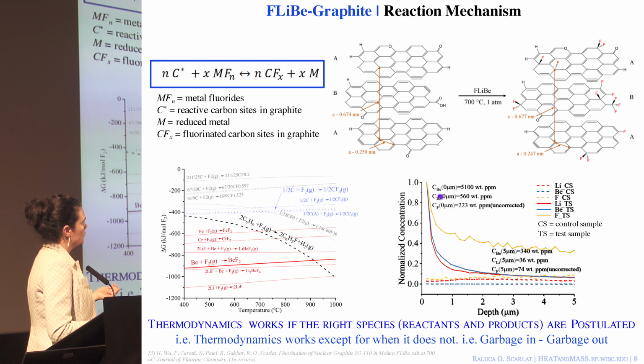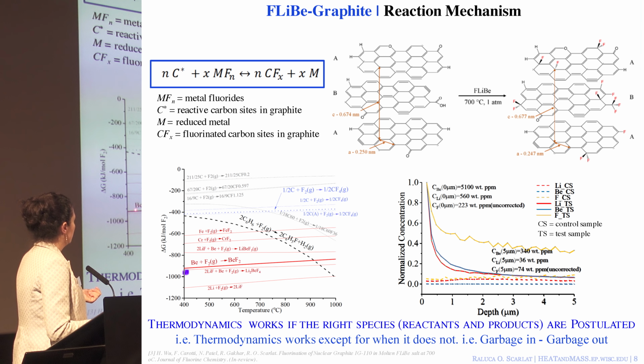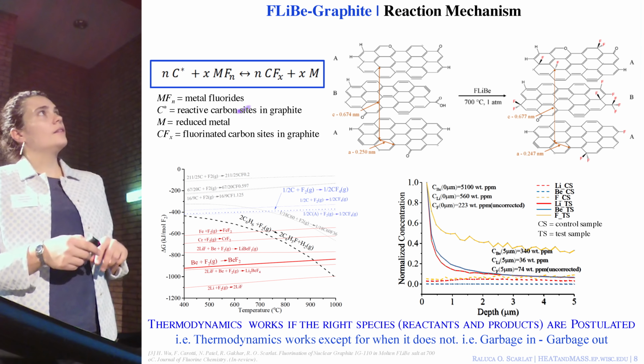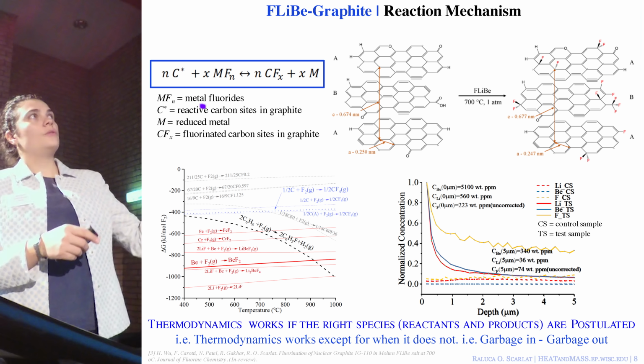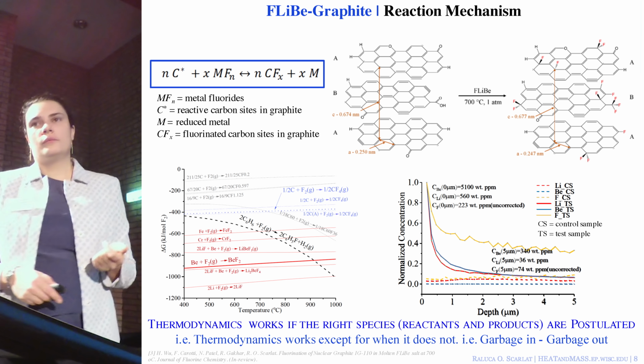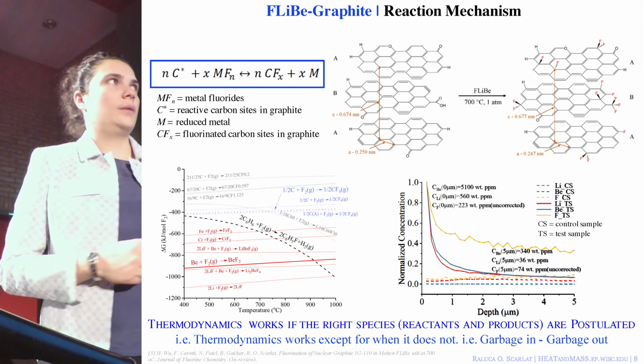The ratio of beryllium to lithium is 10, and this is supported by thermodynamic data because beryllium is higher on the Ellingham diagram than lithium, and so we expect this to react much more than something that's further down on the Ellingham diagram. The results we get require the postulation of a new reaction, and then they are in line generally with thermodynamic data.